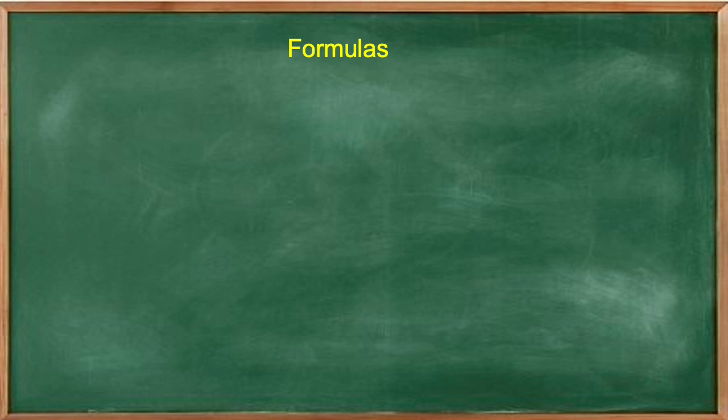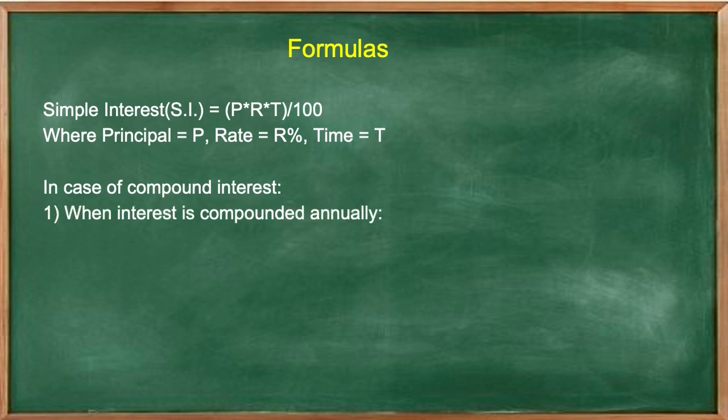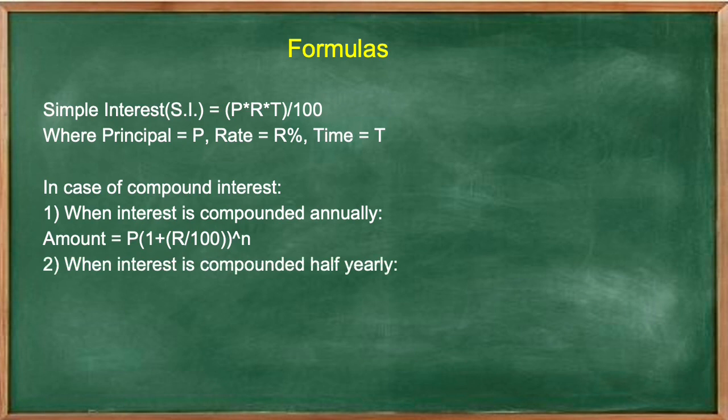Some important formulas. Simple interest is equal to P into R into T divided by 100, where the principal amount is P, rate is R, and time is T. In the case of compound interest, when interest is compounded annually, the amount is equal to P into (1 plus R by 100) to the power n.